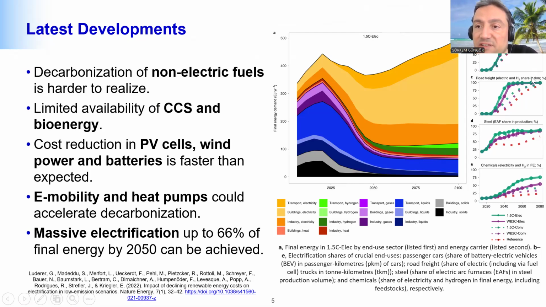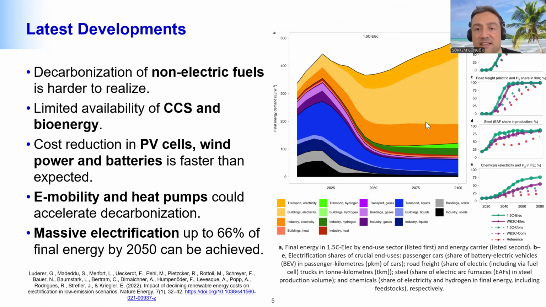For the transition in the transport sector and the industrial sector, usually these models use the logit function, where from 0 to 1, there's not an immediate shift, but there's a more delayed shift depending on the market penetration of these technologies.